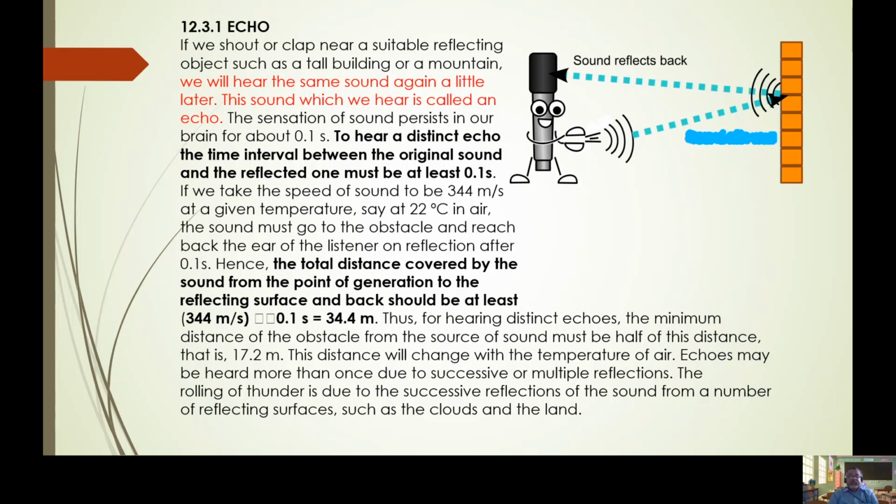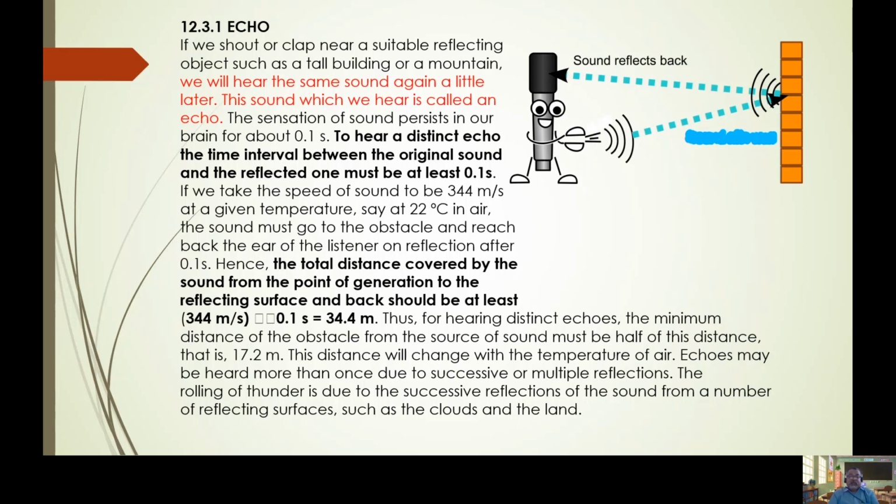0.1 second. If we take the speed of sound to be 344 meters per second at a given temperature, say 22 degrees centigrade in air, the sound must go to the obstacle and reach back to the ear of the listener after 0.1 second.